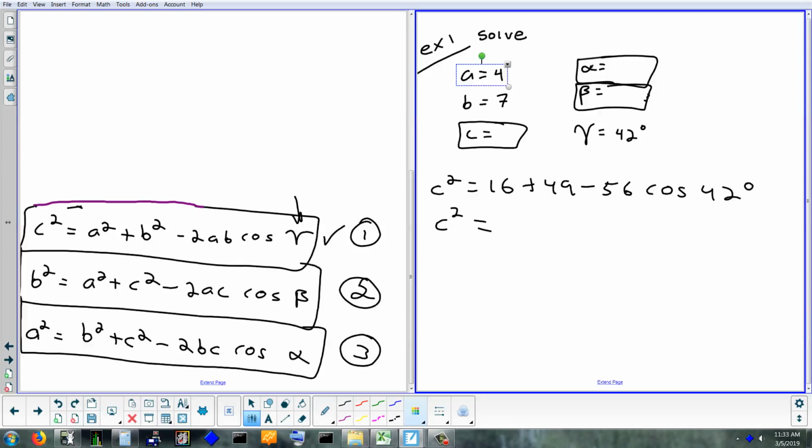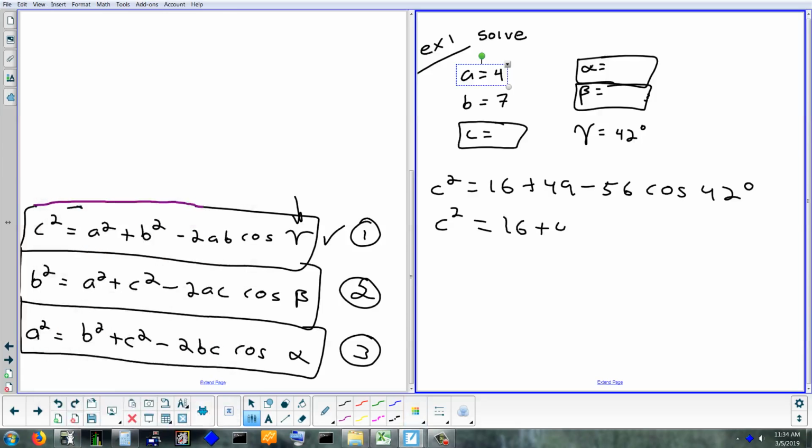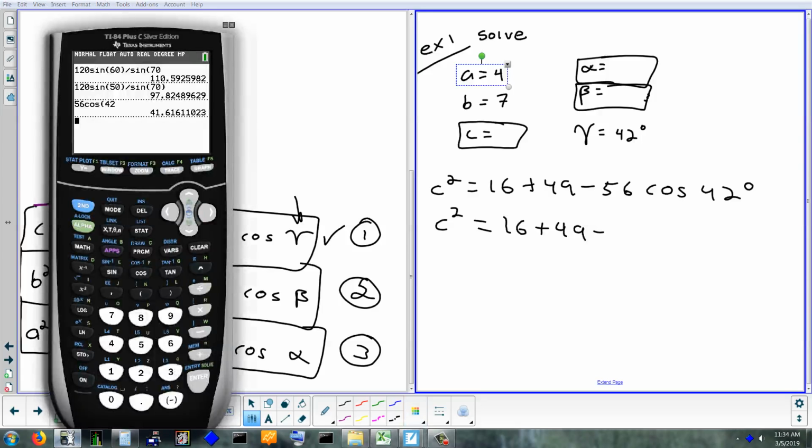Yep, cosine of 42, and then what are you going to multiply it by? Yeah, so let's do that first. So I've got 56 cosine 42. So that's going to give me minus 41.616.